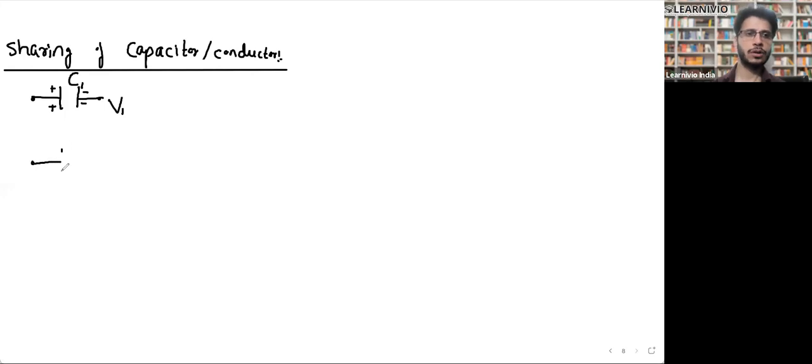Then for the second one, one plate is positive, another plate is negative. Capacitance is C2, potential difference is V2. This is before sharing.